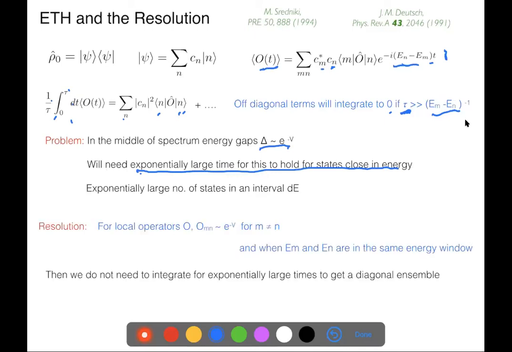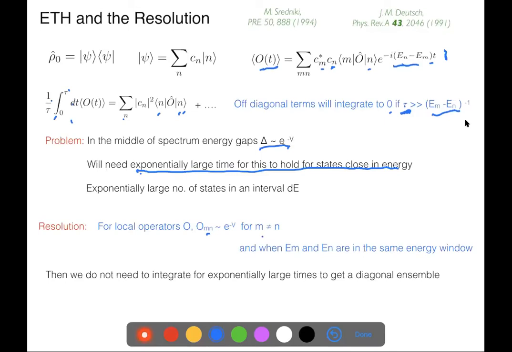The resolution was that, for the kind of operators you are interested in measuring, let's call them all local operators, O_mn, the off-diagonal element which is giving you all these phase oscillations, is 0. Or 0 means it's exponentially small if m is not equal to n, when E_m and E_n are in the same, very close energy window.